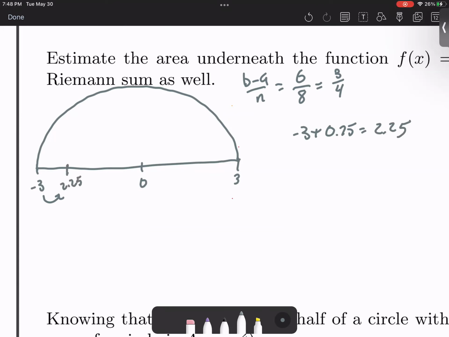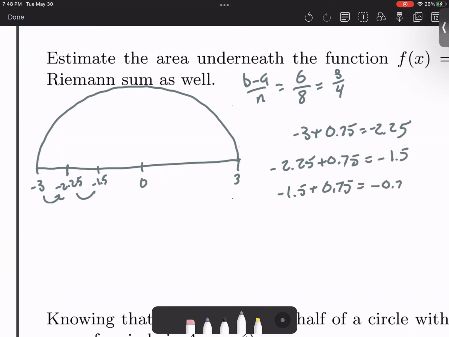If I start at minus 2.25 and move another rectangle over, that puts me at minus 1.5. Minus 1.5 plus another rectangle puts us at, what is that? Minus 0.75.